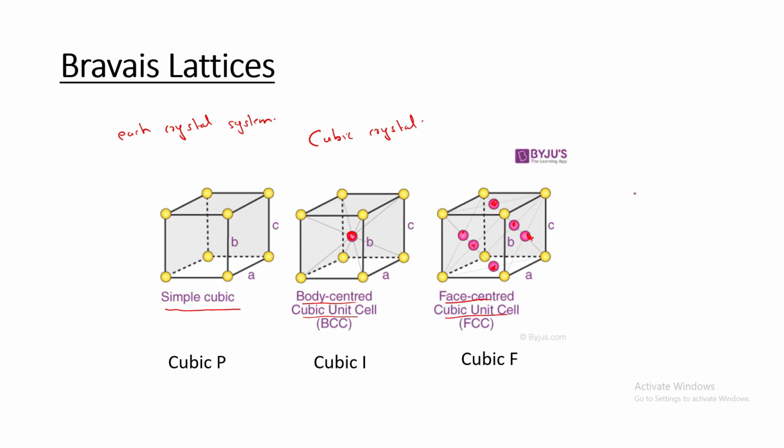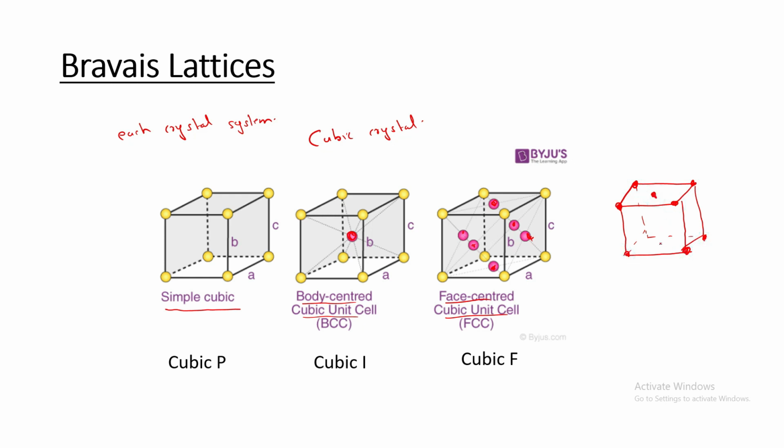You can have another cell, that is the end centered lattice. That means there are atoms here, here, here. Along with that, you can have an atom at the end.